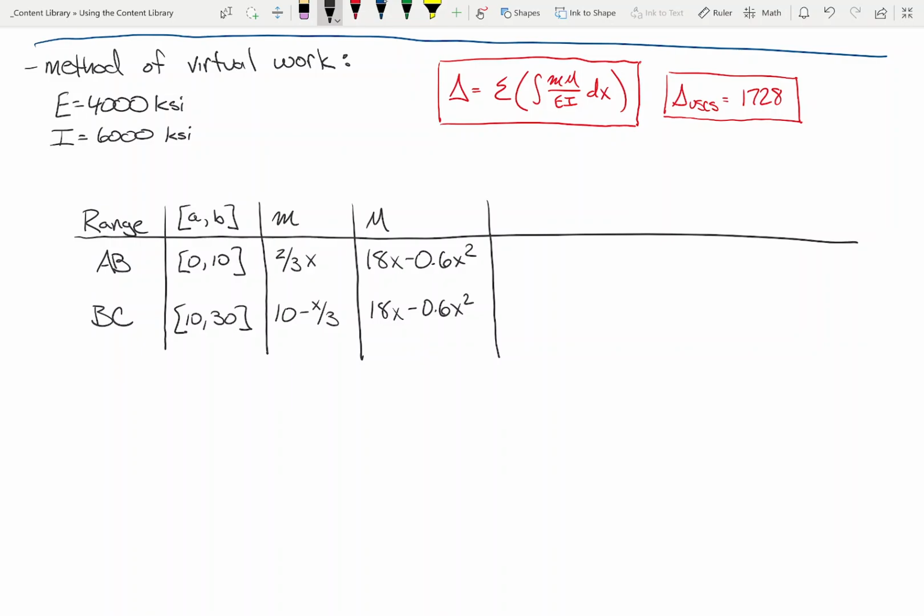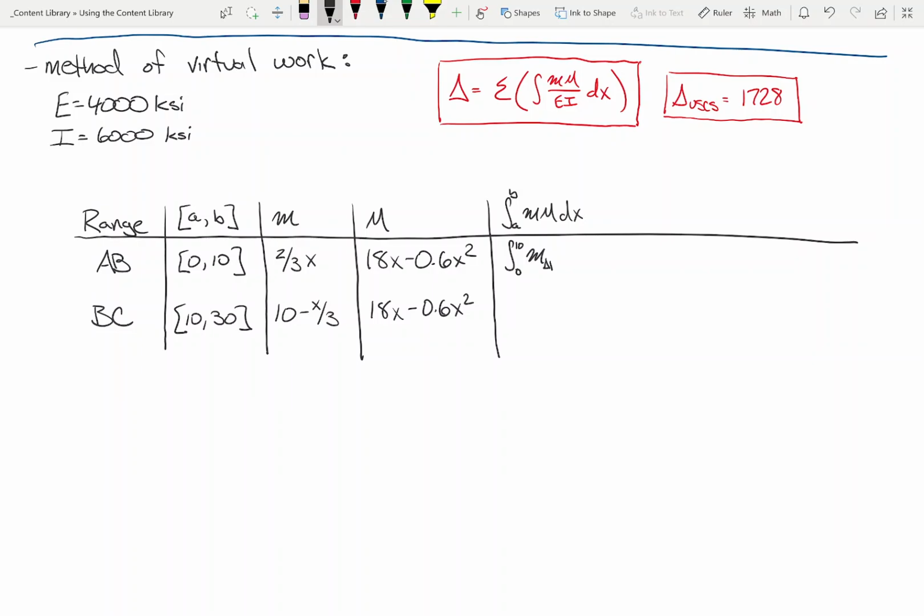Okay? So if I have my virtual function and I have my real function, keep in mind for these problems that EI is a constant. We can factor that out. So really what I can have is just a listing from A to B of that, right? So my first integral is going to be an integral from 0 to 10 of M delta 1. We'll call that delta 1 and delta 2.